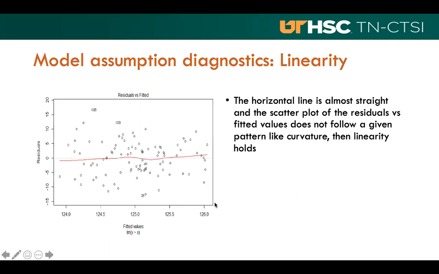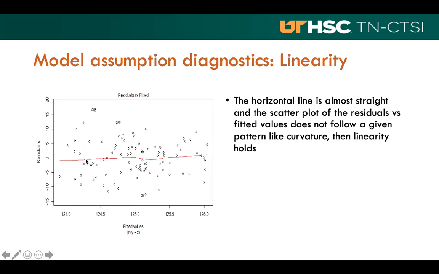So this is the plot of the fitted versus residuals, or residual versus fitted. The horizontal line in this figure is almost straight, and the scatter plot of the residual versus the fitted values does not follow a given pattern like curvature. So the linearity assumption generally holds in this case.